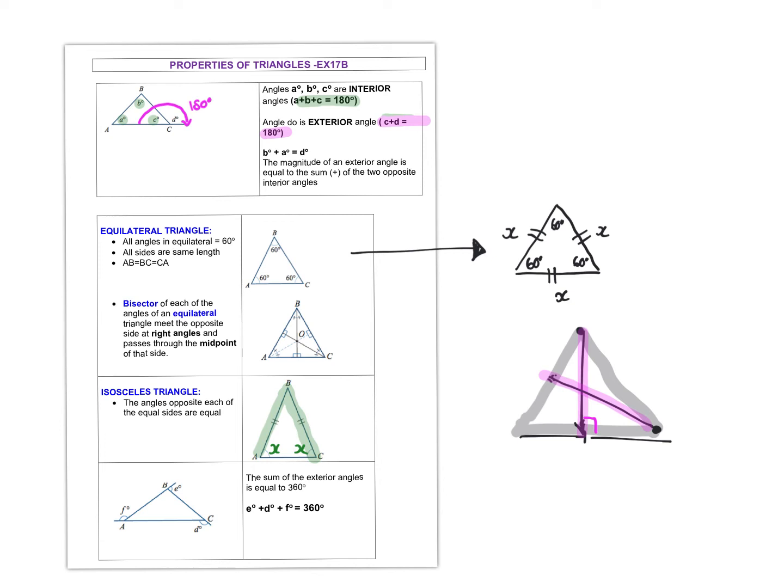Now, when they talk about exterior angles equal 360, what they're talking about is if you extended the lines of the triangle like that, this to here plus this to here plus that to there will equal 360. But you don't really need to worry. I reckon the thing you'll see the most is the straight line, and you'll be able to work out most of the questions.